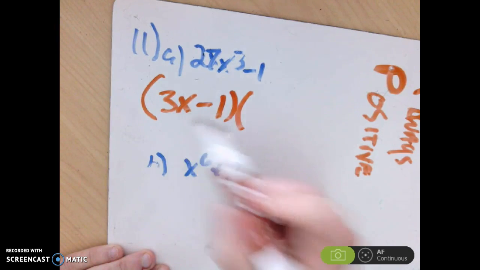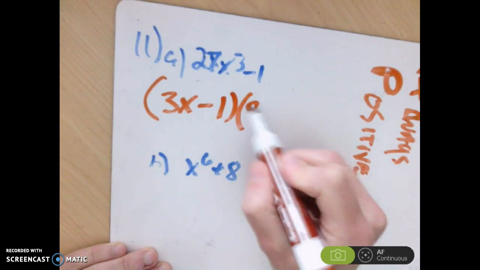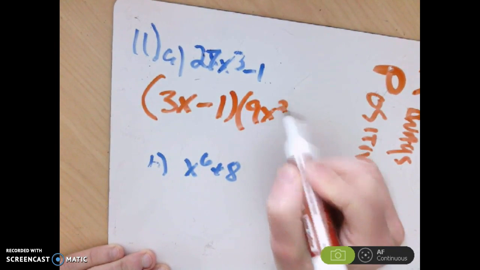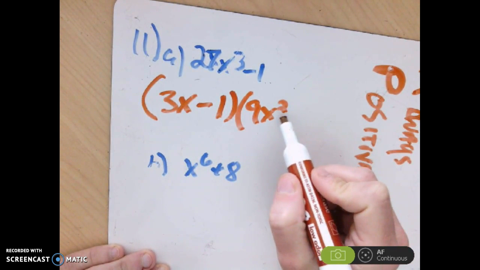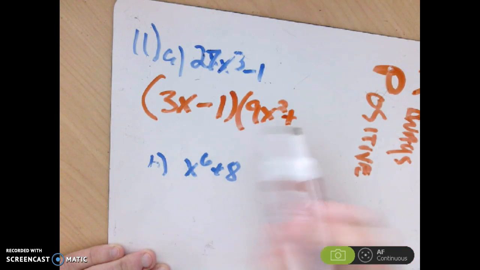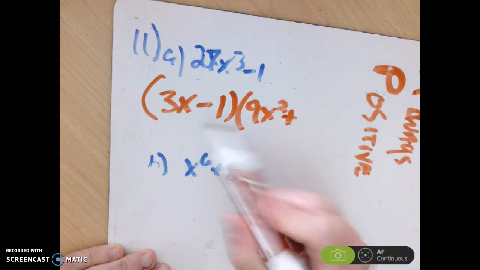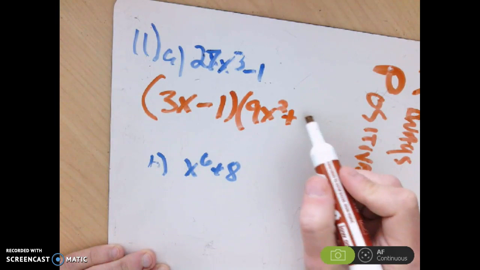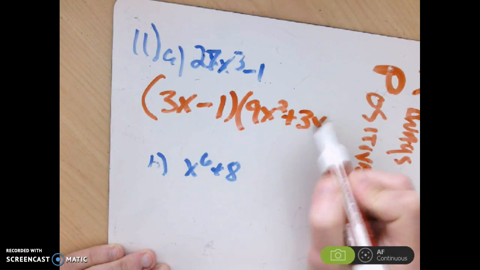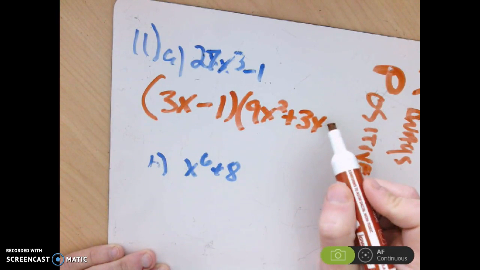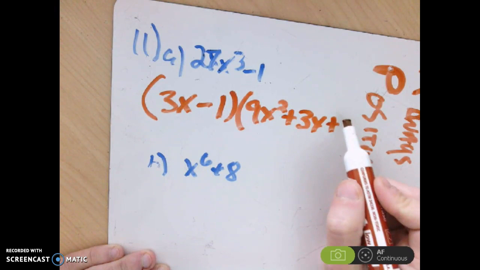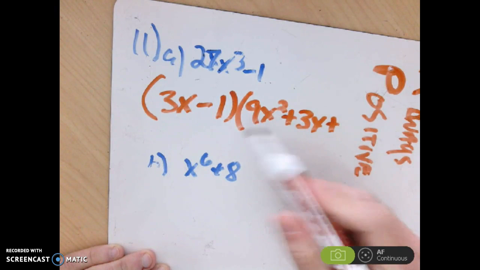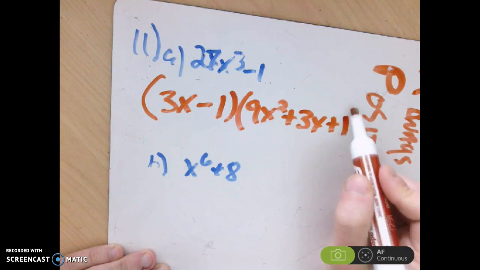My a is 3x. So 3x squared is 9x squared. And then opposite, so a plus sign. And then it's a times b, so it's 3x times 1. So that's just 3x. And then always positive, so plus. My b value is 1, and 1 squared is still 1.